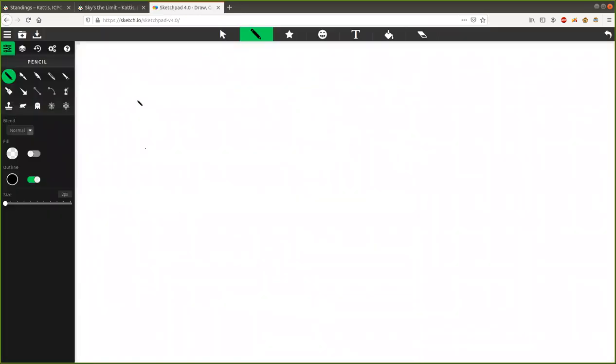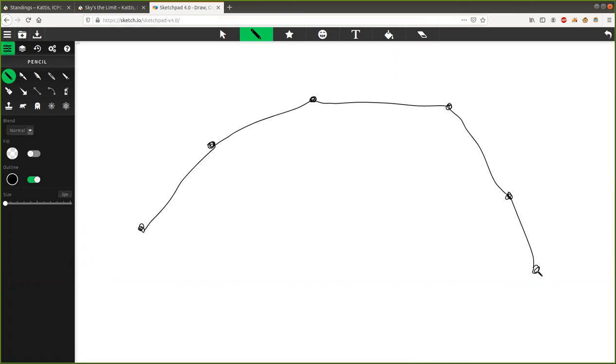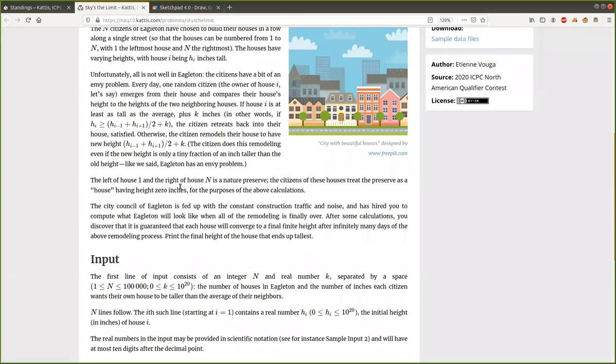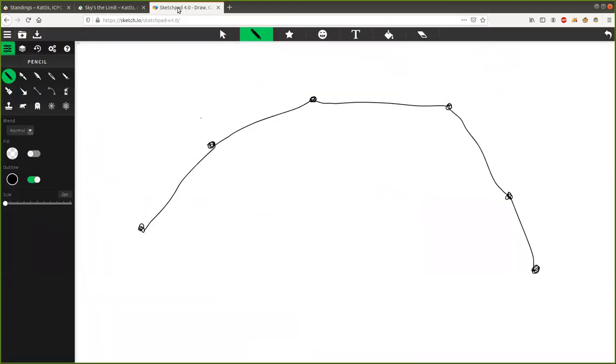If we ignore the plus k, then saying it's above the average means that the curve of points and houses would be concave. So if you connect two houses, then it's above the average. Any line segment is below the curve.